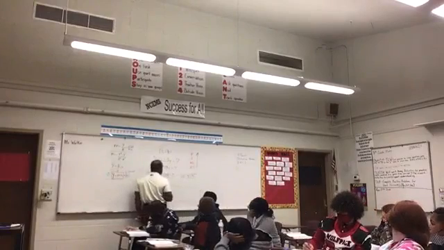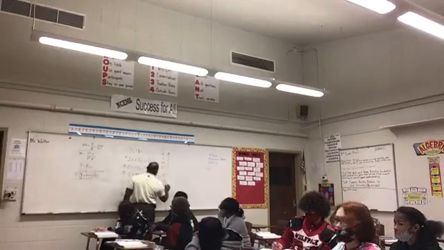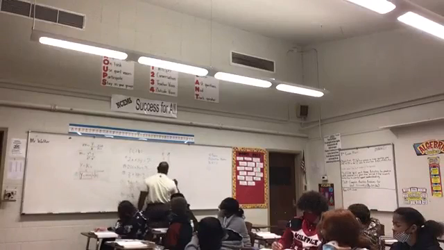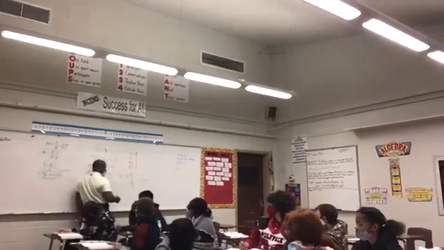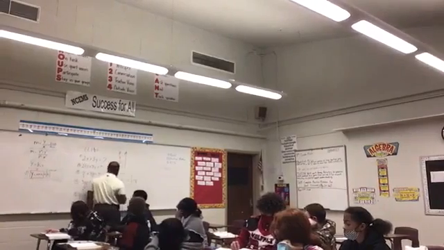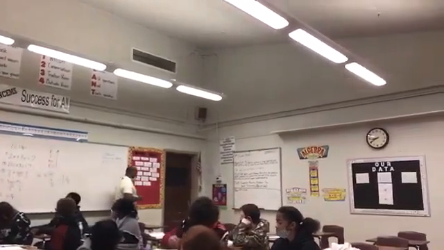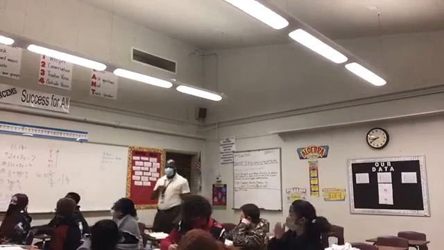How many times can 3 be divided into 5? 5 minus 3, 2. So what is my whole number for my mixed number? 1. My denominator is 3. And my numerator, 2. Okay, so 1 2/3.